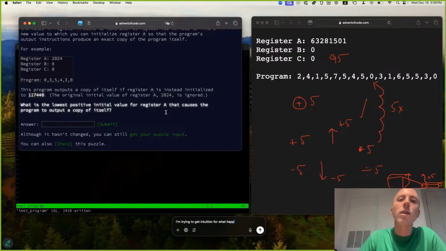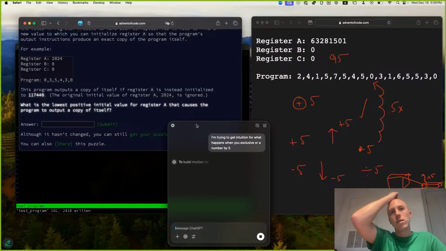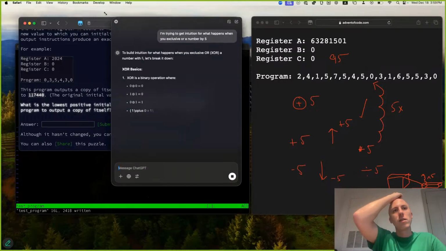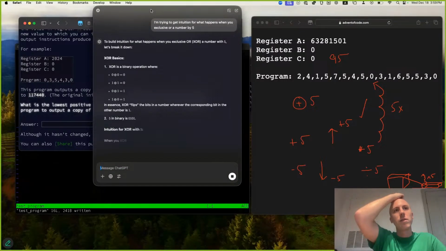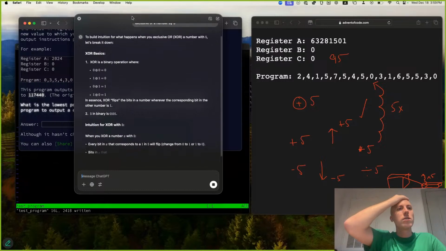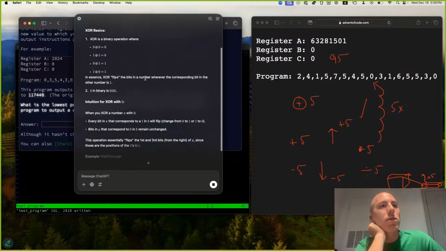Intuition for what happens when you exclusive or a number by 5. XOR basics, flip the bits.